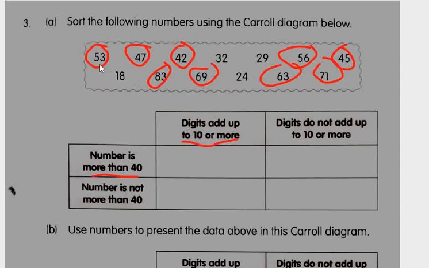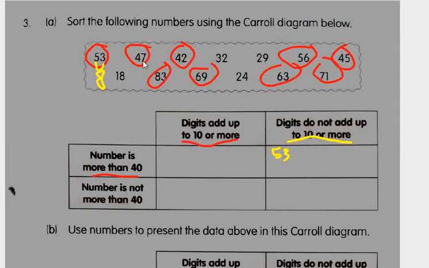Let's take the first number that we have circled and add the digits. 5 plus 3 is 8, right? It is not 10, so it is not included here. Digits do not add up to 10, right? So let's put the number here, just like that.